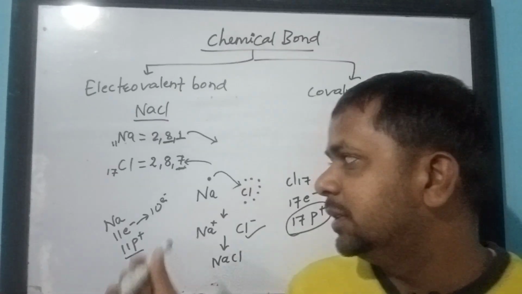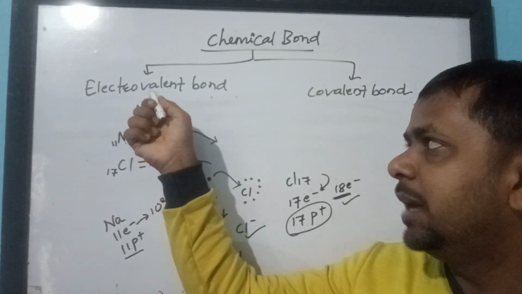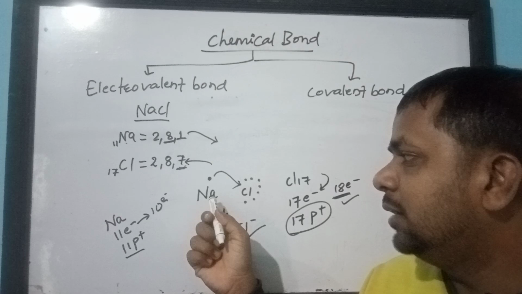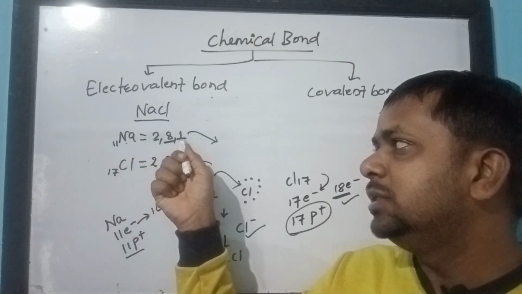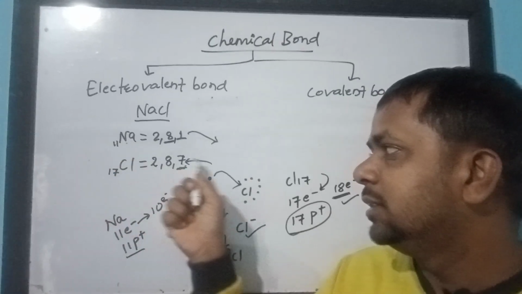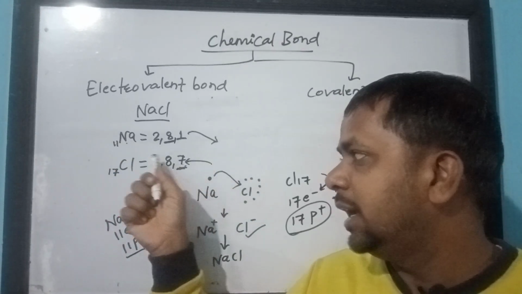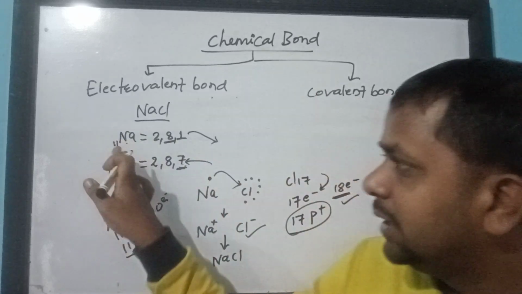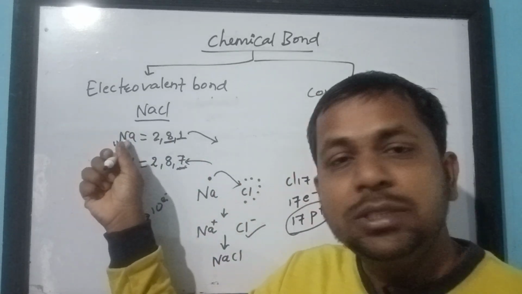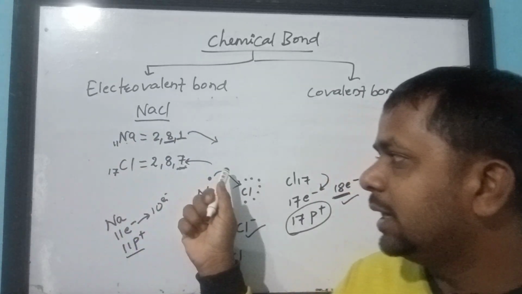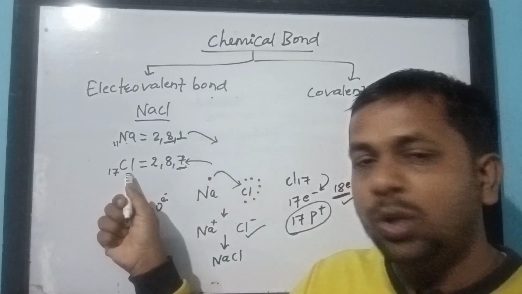I hope you have understood how this electrovalent bond is formed. This is called electrovalent bond. The atom that loses an electron is called a metal. The atom that gains an electron is called a non-metal.